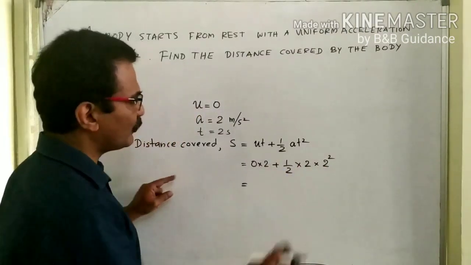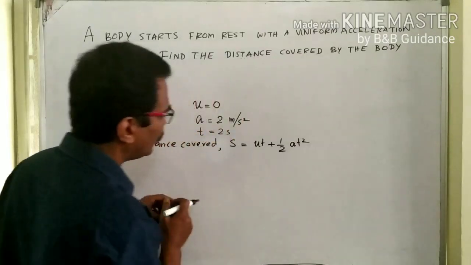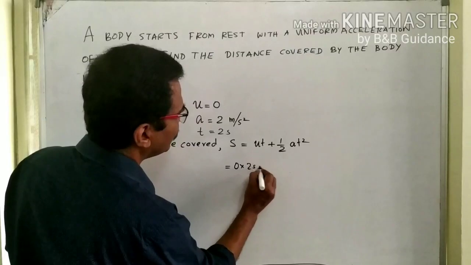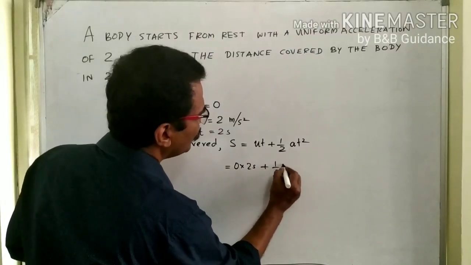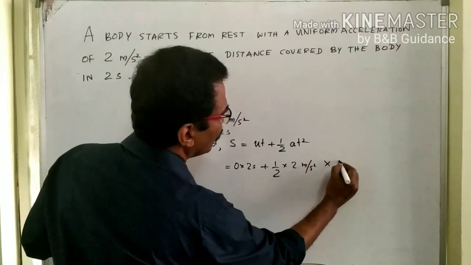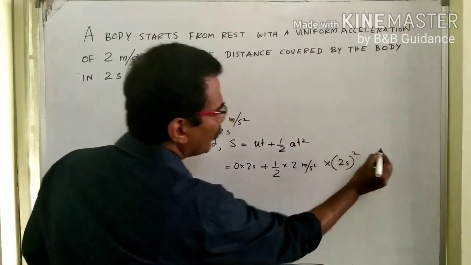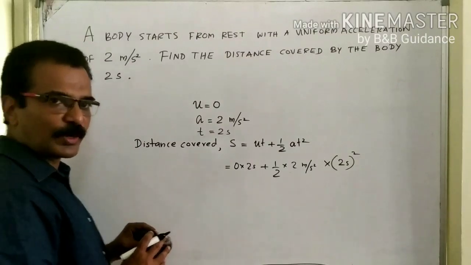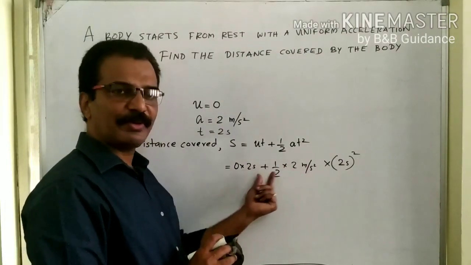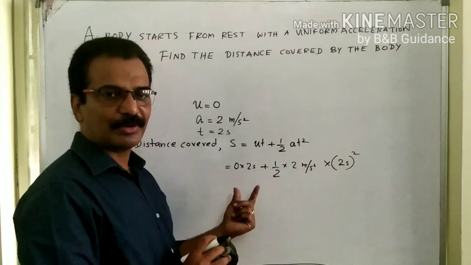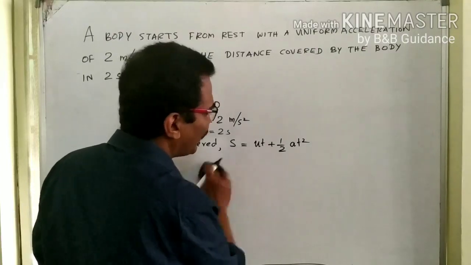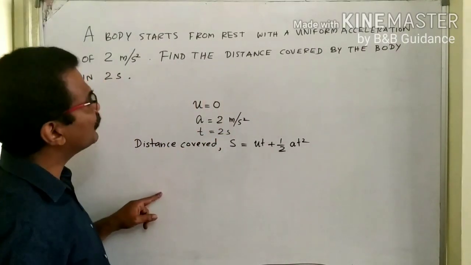You can do like this also if you want: 0 into 2 seconds plus half into 2 meter per second square into 2 seconds square. That is correct only. If you plan to write a unit for any quantity, you must write a unit for all other quantities. Anyway, for our convenience, I am planning to write the unit at the end only.